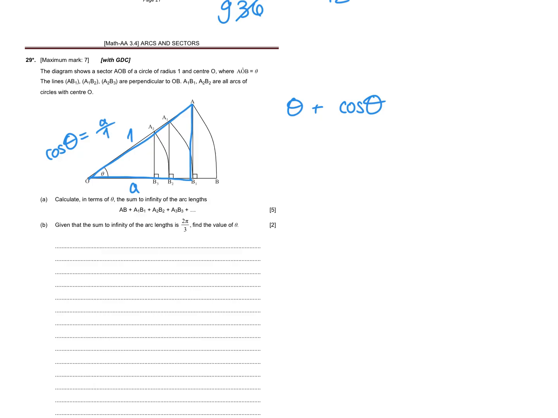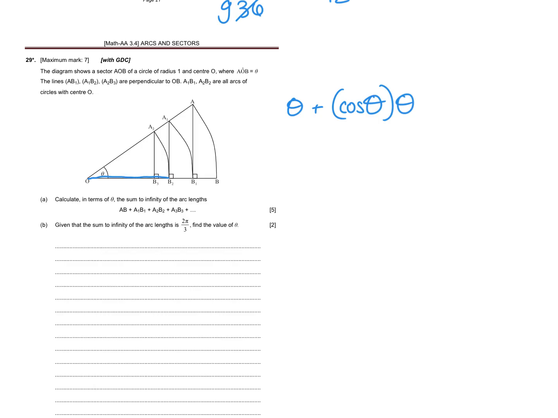So the arc length is cosine theta times theta, r theta.